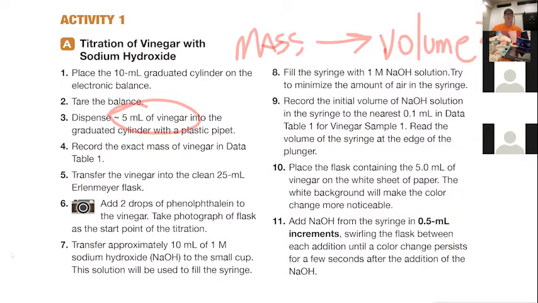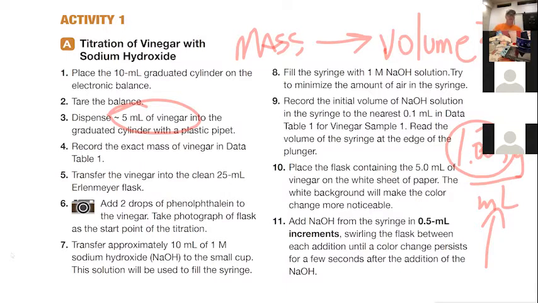What's the relationship between mass and volume? Density. Density, exactly. So we know precisely what the density of vinegar is. I think it's 1.005 grams per ml. So we're going to use that to take our mass and convert it into a volume. So we'll have a very, very accurate volume.